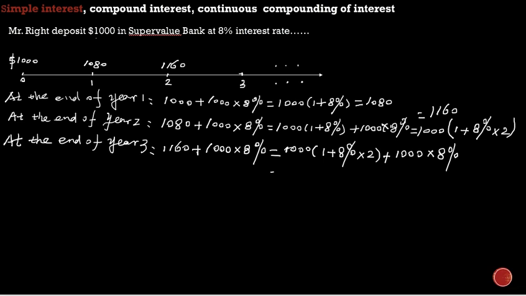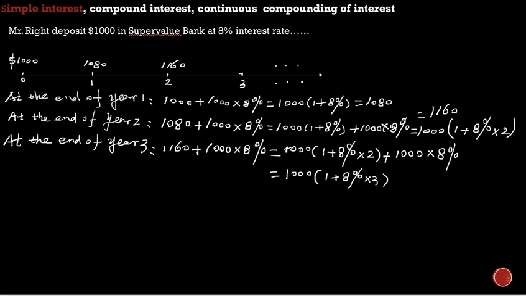We take 1,000 out. The leftover is 1 plus 8% times 2 plus 8%. We put all the left out in a parenthesis. 1 plus 8% times 3.